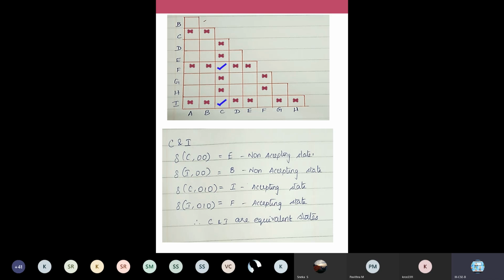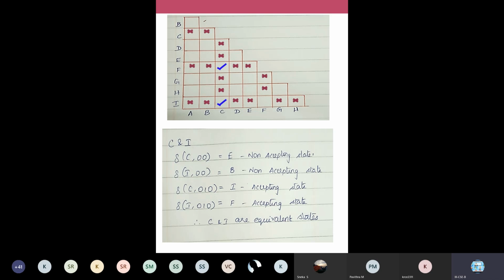Here in the first step, I have applied 0 0 on both C and I. In C, on applying the first 0, we go to D. On applying the second 0, we go to E. It is non-accepting. In state I also, you apply 0 0. On the first 0, we go to A, and on the second 0, we go to B. So it is also non-accepting.